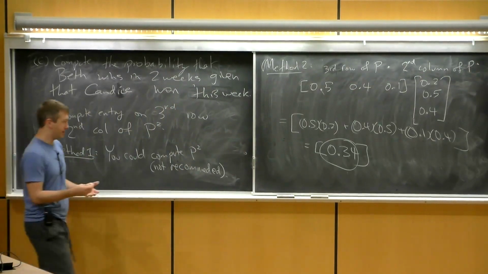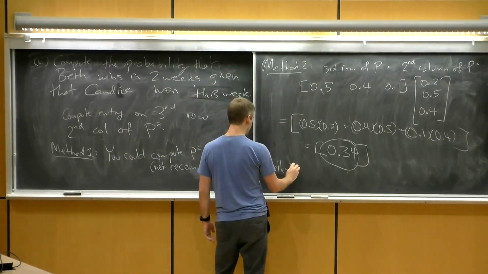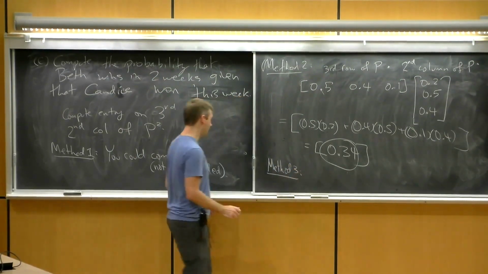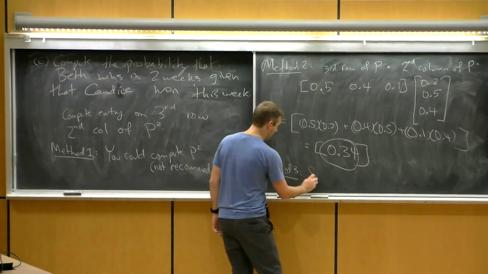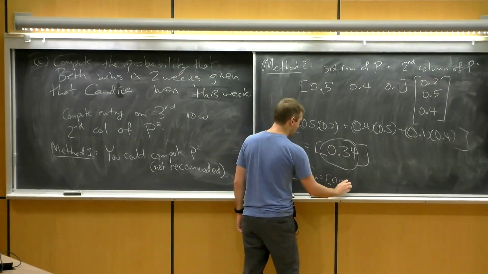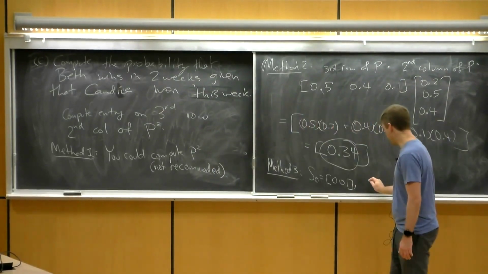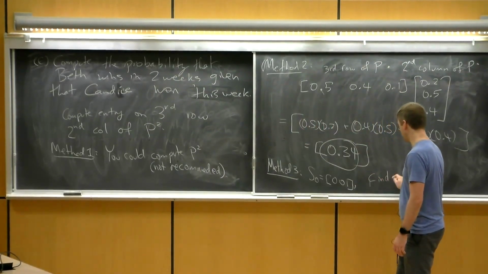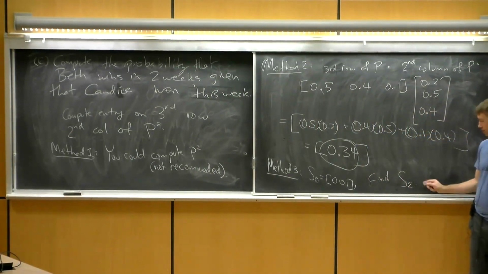I guess a third method, which is probably better than the first one, but not quite as good as the second one, is you could just, again, just like we did over there, start with the initial state being Candace wins, and then find S2, right, which is S0 P squared.